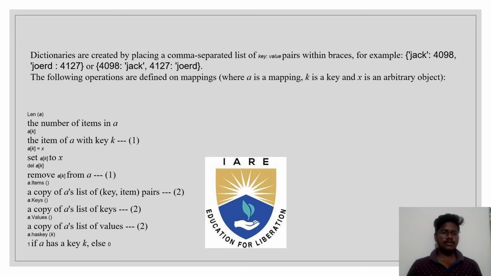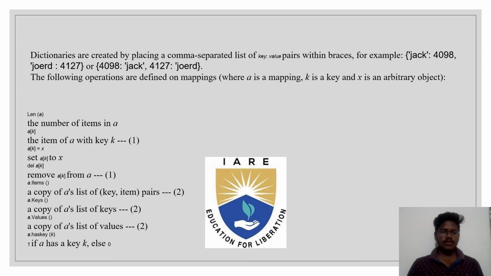Then we will see some built-in methods which are used here. Firstly, we will see about a remove method. A dot items dot remove, which removes the elements in the list. A dot copy of A's list of key comma item pairs.